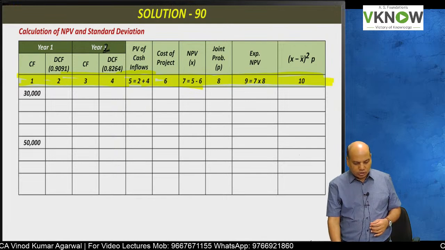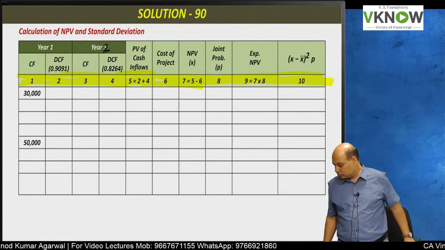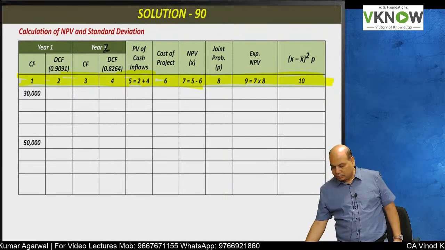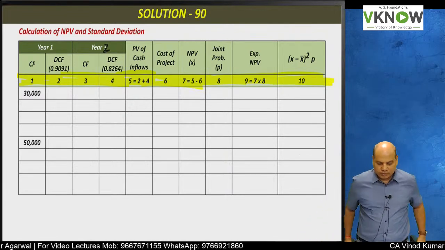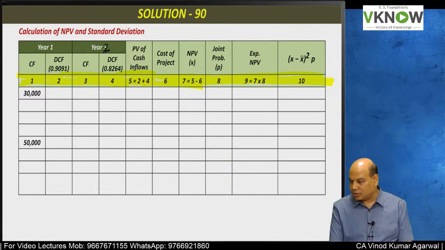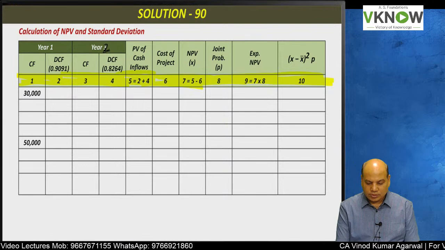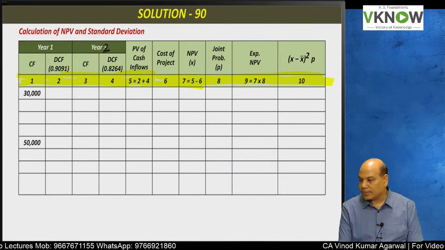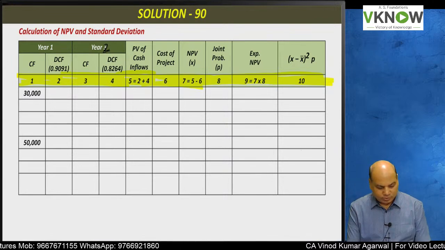In the first year, write down 30,000. Keep 3 lines blank and write down 50,000.